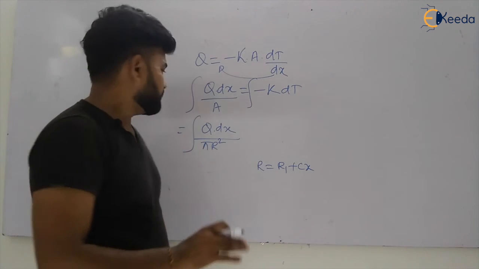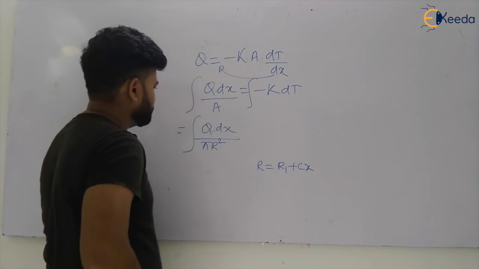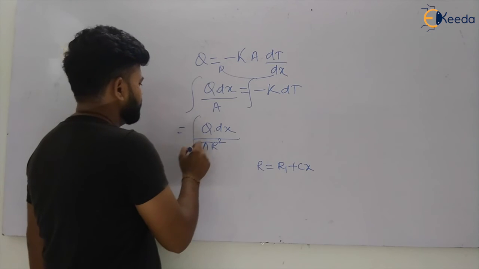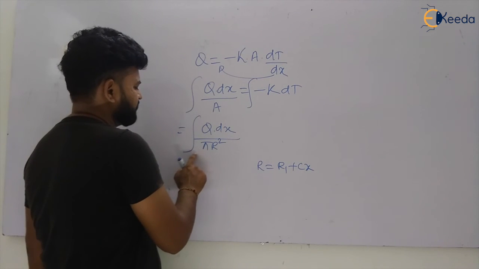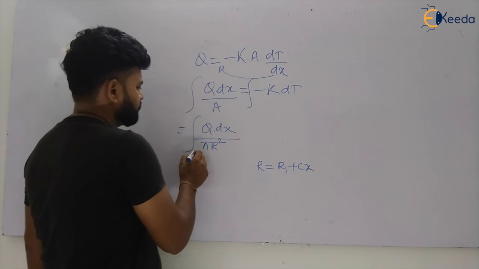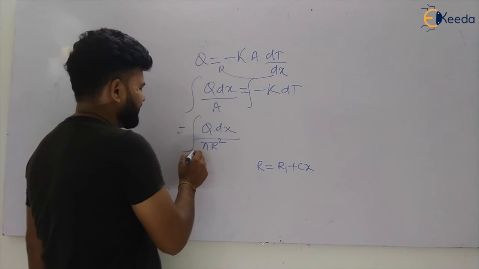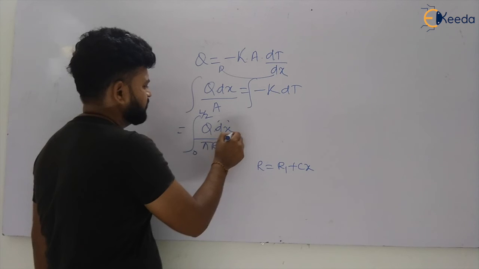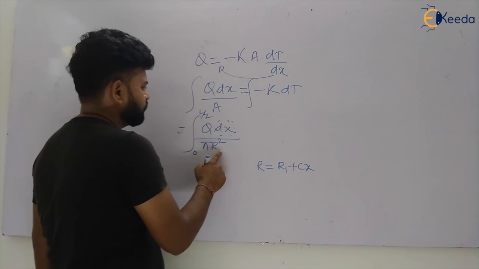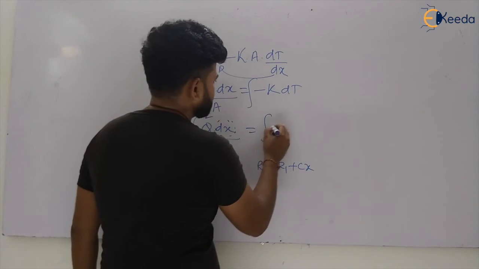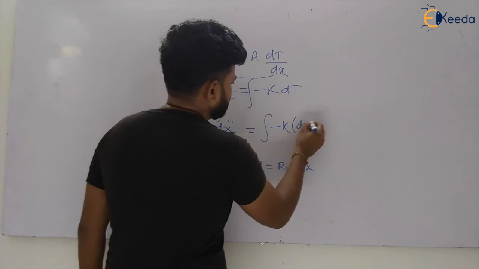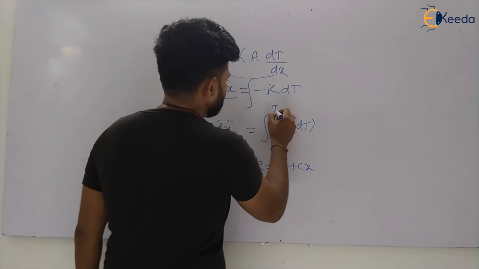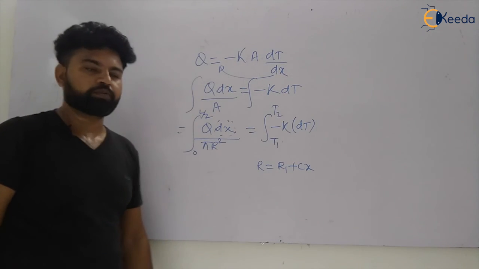So now the derivation, if you are going through this method, this method will be a little bit lengthy. So this will be the derivation, that x is varying from 0 to L by 2, because we are doing the integration of dx. So pi r square, you can put all the values. Again minus k dT, and this will be from T1 to T2.